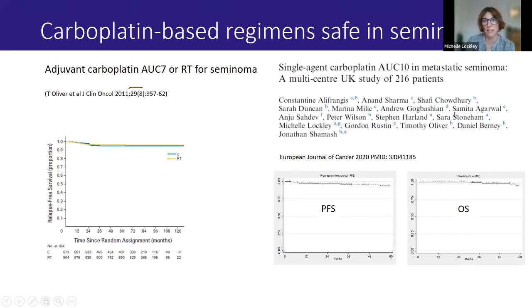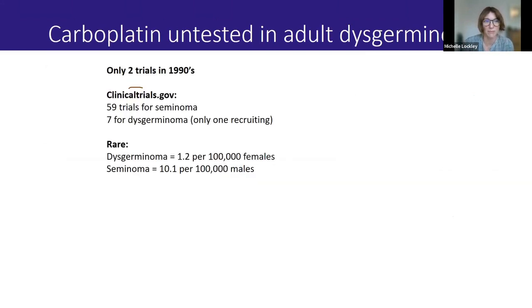More recently, a study conducted at Barts, which reflects a supra-regional practice, was a single agent study in which patients with metastatic seminoma received AUC 10 carboplatin, and again did extremely well. And so single agent carboplatin has been adopted in our region for the treatment of dysgerminoma and seminoma.